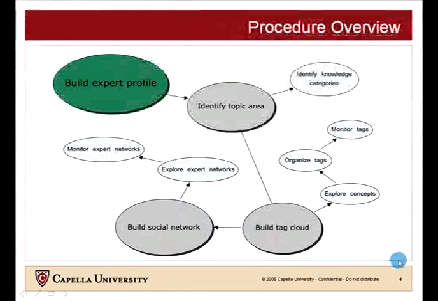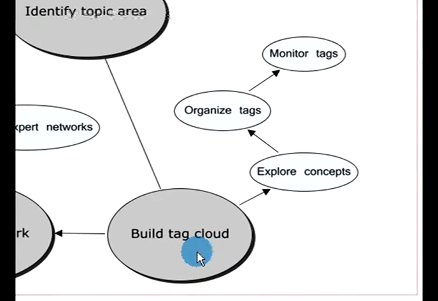Alright, so here's an overview of the procedure. To build this expert profile, we've got three main tasks. First of all, we're going to identify our topic area and the specific knowledge categories that will make our profile an expert, defining what it means to be an expert in this area. Then we're going to build a tag cloud for this specific domain of knowledge.